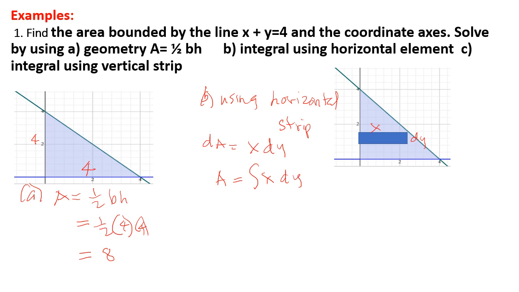But your x equals 4 minus y. So A equals the integral of (4 minus y) dy, or simply equals 4y minus y squared all over 2.